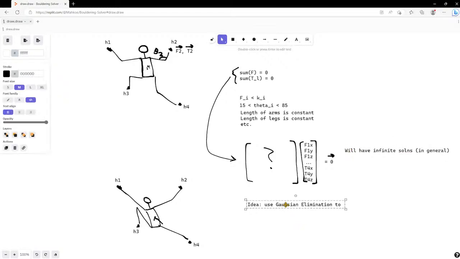So the idea is we're going to use Gaussian elimination to rewrite this as, we're going to have one thing that we actually need to solve, right?